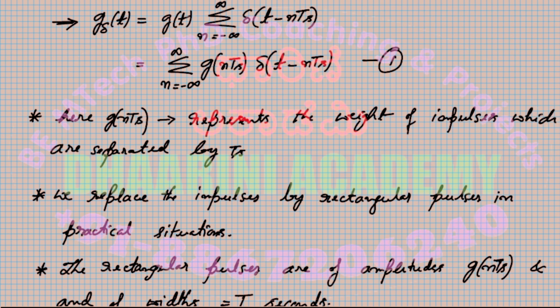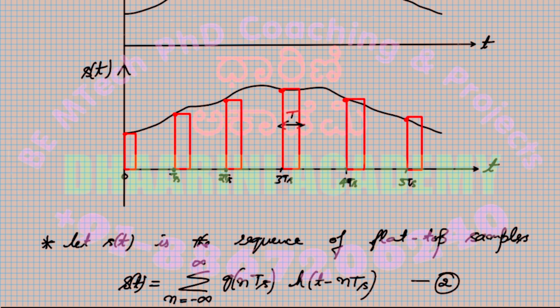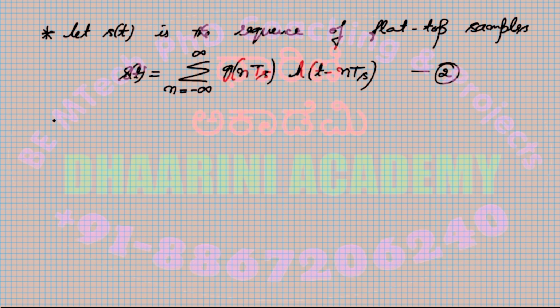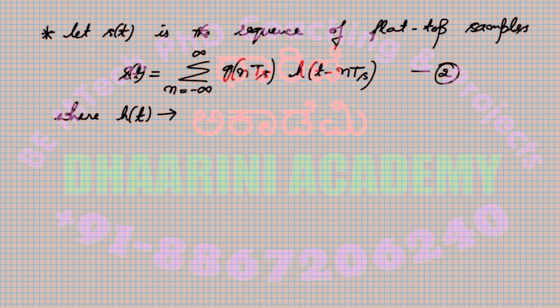Where h of t represents the rectangular pulses of unit amplitude and duration equal to capital T, right?